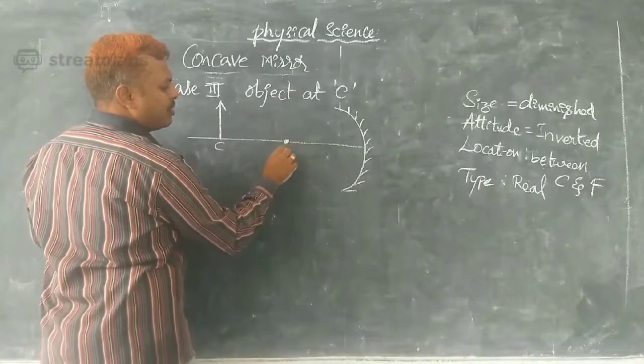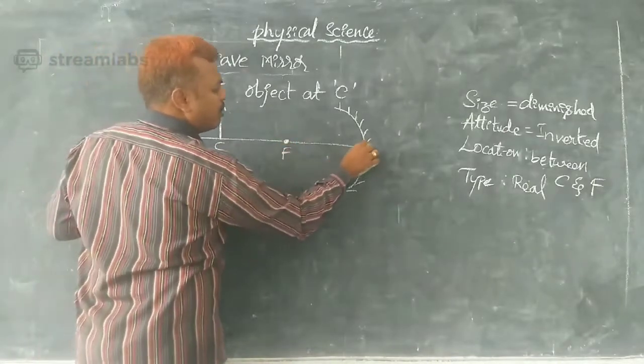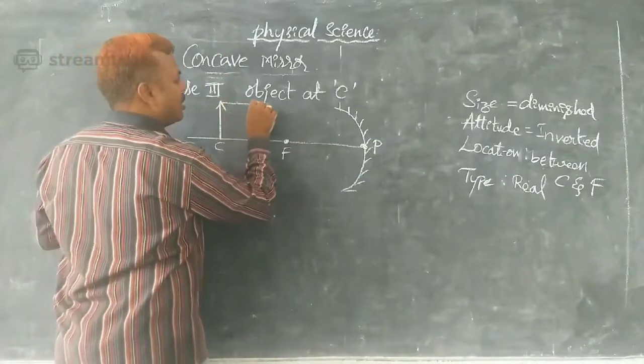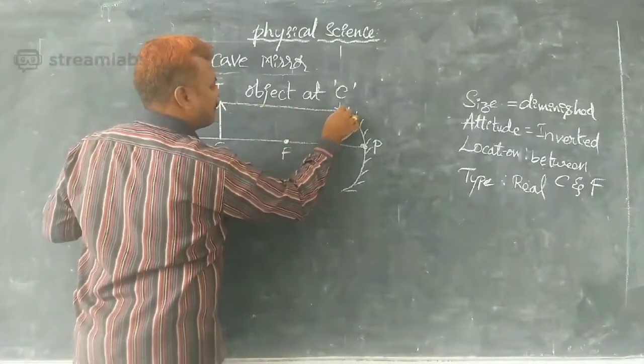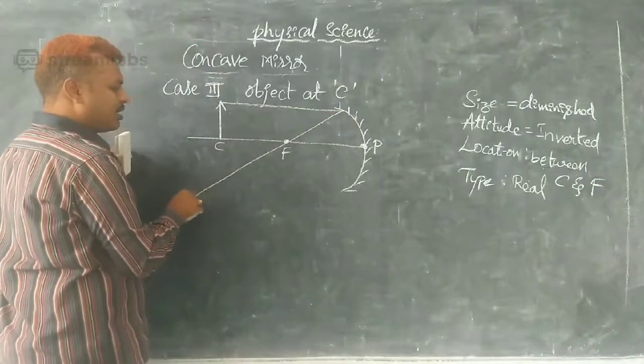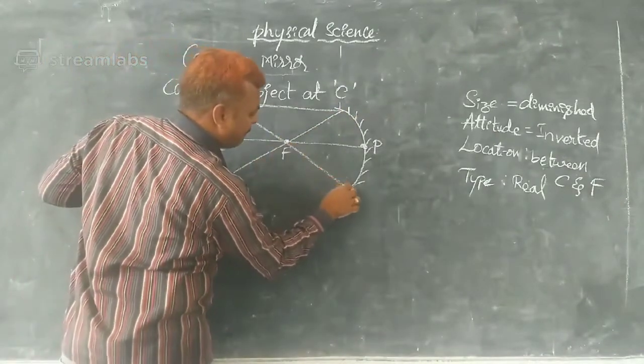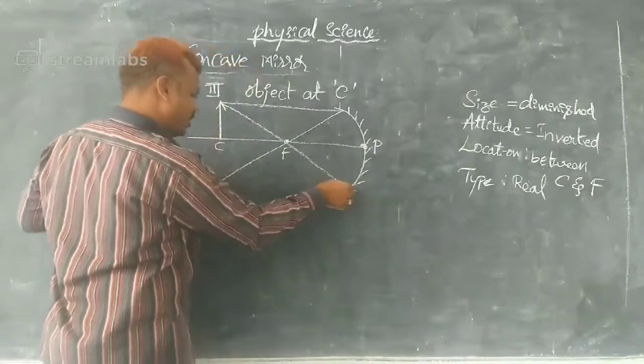And F, and this is pole P. From the top, I'll take a line and it will come and join here, and from here I'll take another line and it will go and join here.